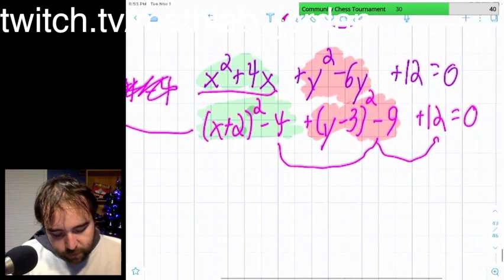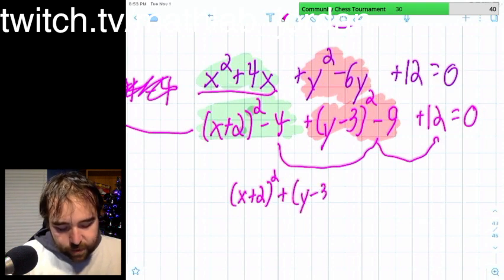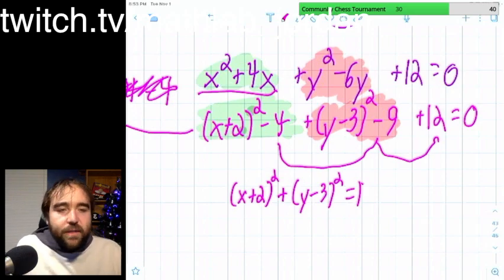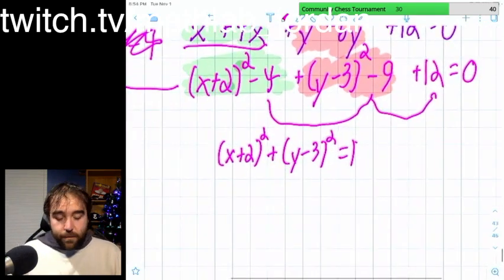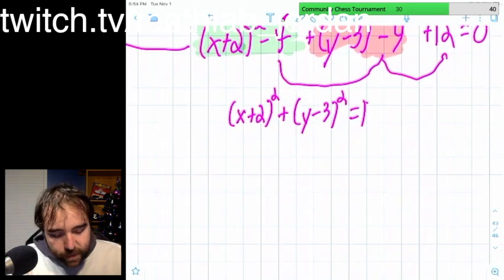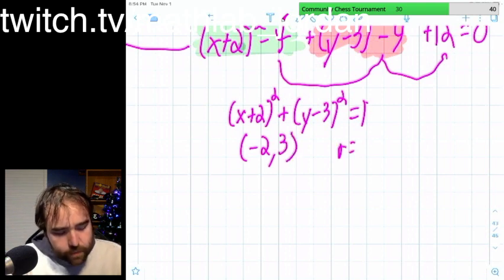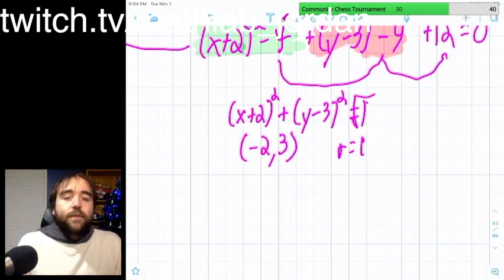So now our good form of the equation is x plus 2 squared plus y minus 3 squared equals 1. And that tells us everything we need to know. Now we're able to graph it well. Because now we can just immediately see what is the center, opposite sign, and what is the radius? Well, it's the square root of 1, so the radius of this circle is just 1.